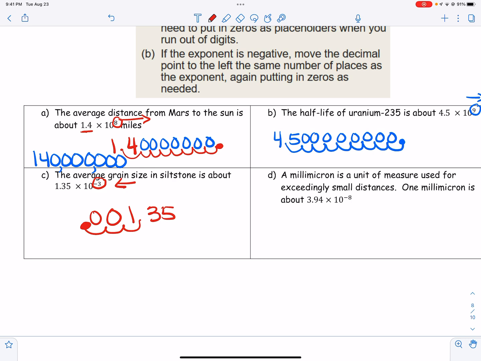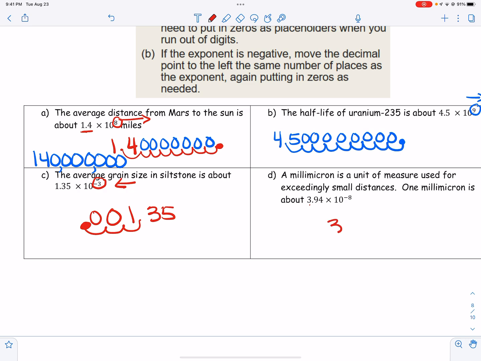Now, a thing about the negative exponent is that you will always have one less zero than the exponent. So you see the exponent is 3. I have 2 zeros. You see the exponent over here is -8. I will have 7 zeros. If you have -5, you will have 4 zeros, okay?